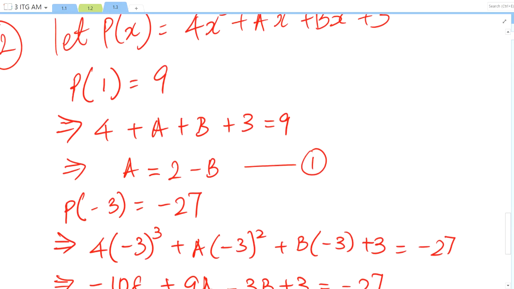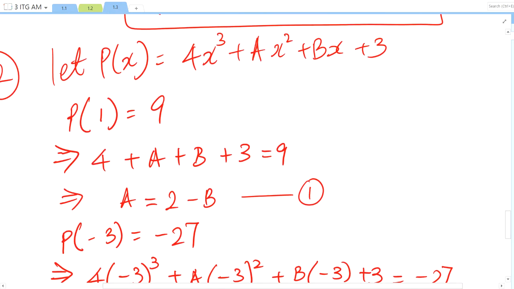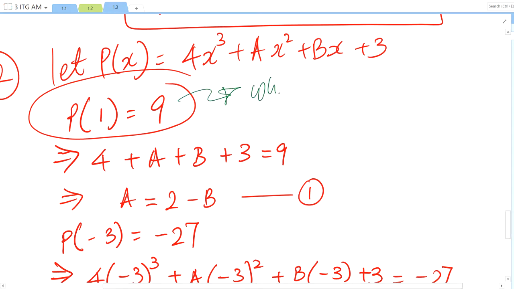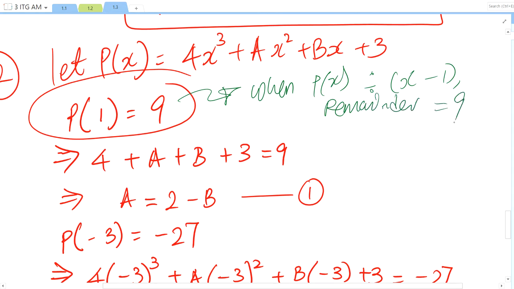First we let P(x) be equal to the dividend. Then I sub x equals 1 because when it is divided by x minus 1 we have a remainder of 9. So this statement tells the marker that when P(x) is divided by x minus 1, the remainder equals 9.